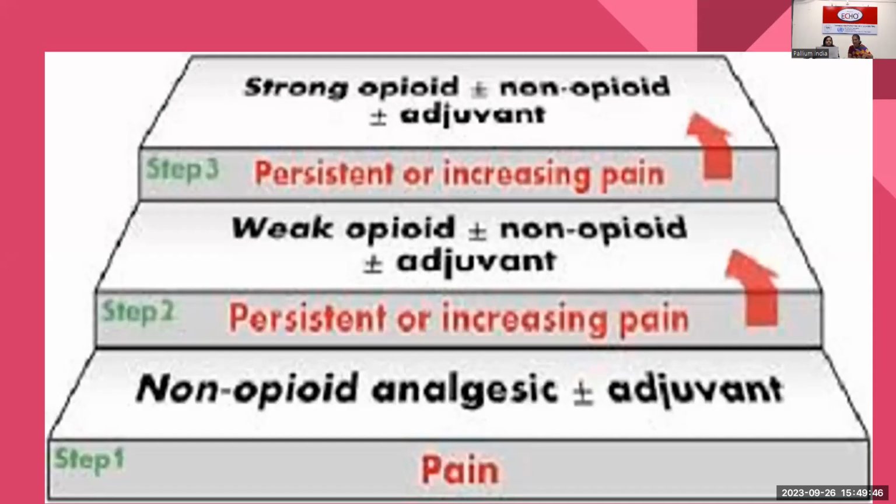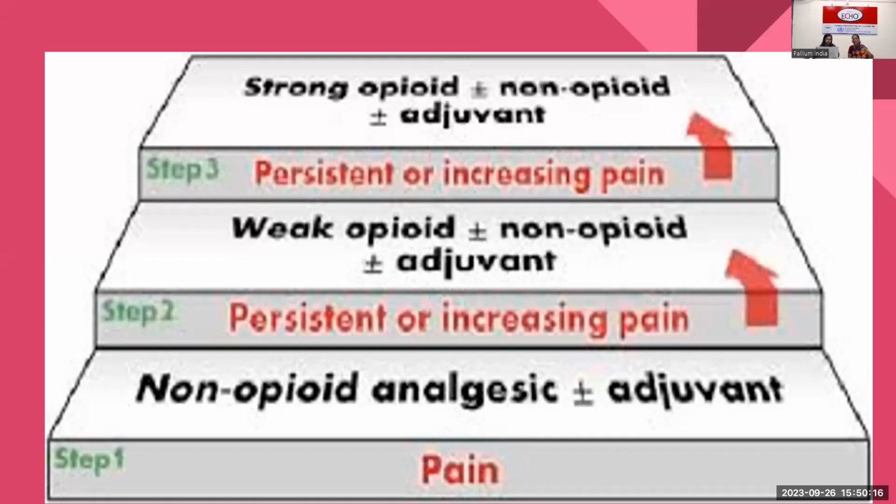If it is mild pain, you will start off with step 1 drugs and see the response. If it gets better, continue. In step 1, you see non-opioid analgesics plus or minus adjuvant, which we will see through the session today, that is, you can either add or not add.